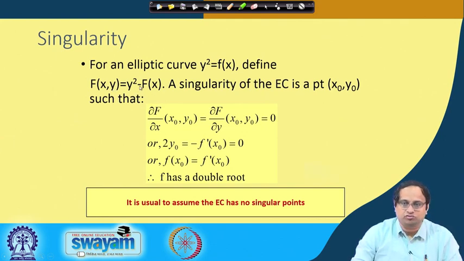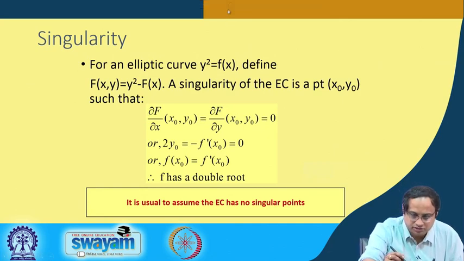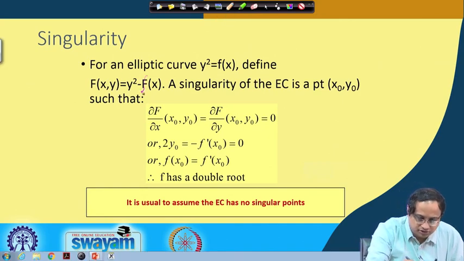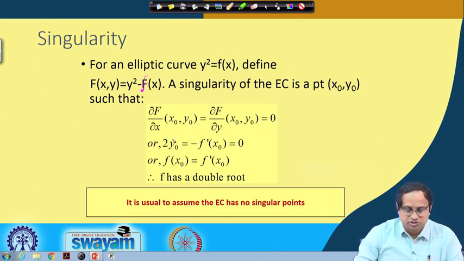Please correct this: it is y squared minus small f(x). If I differentiate this with respect to y, I get 2y, and if I differentiate with respect to x, it equals minus f dash (x). If I plug in the point (x0, y0), then 2 y0 is equal to minus f dash (x0).